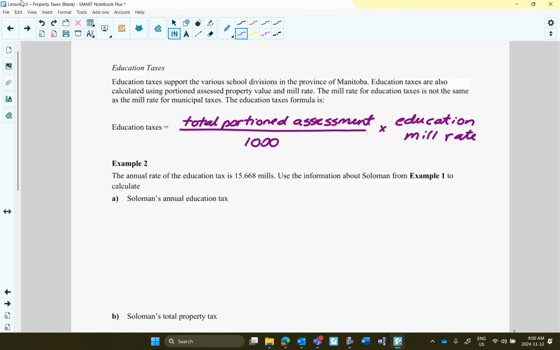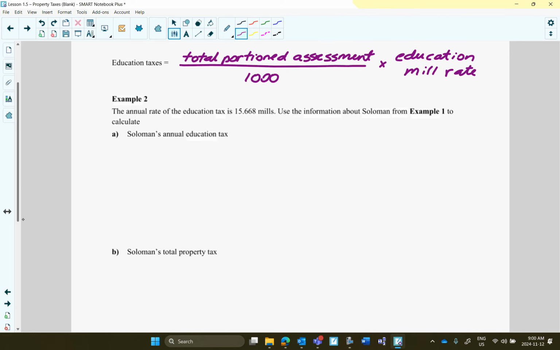Okay, so back to Sullivan. Let's say his education tax is 15.688 mills. I think that's a little high. I think in Winnipeg it's a little bit lower, somewhere around 12.